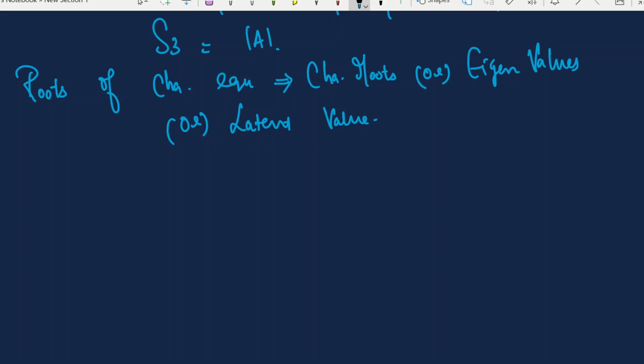When you solve these characteristic equations, quadratic and cubic, we get the values of lambda. So the values of lambda are known as eigenvalues.